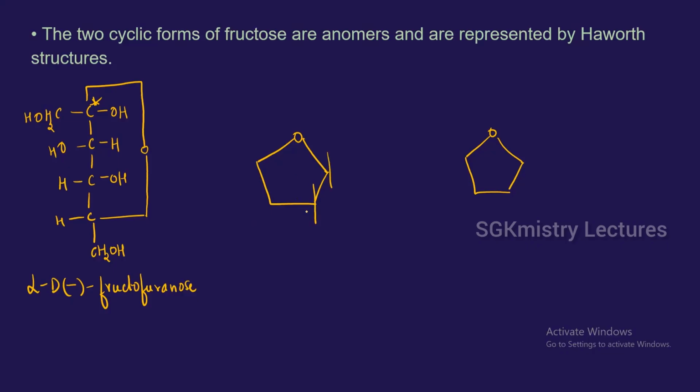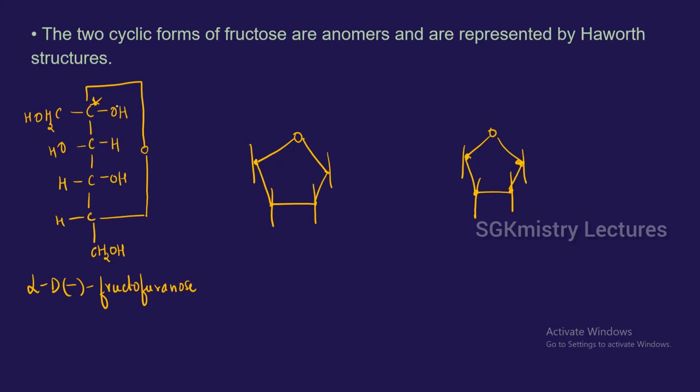Now again, let me write the bonds, on each carbon. I hope you know that in the ring, these points represent the carbon atoms, and the bonds represent how the OH and H atoms are attached to the carbon atoms.